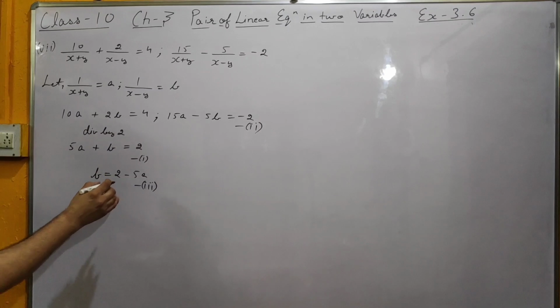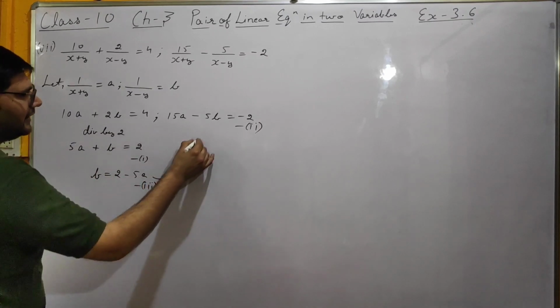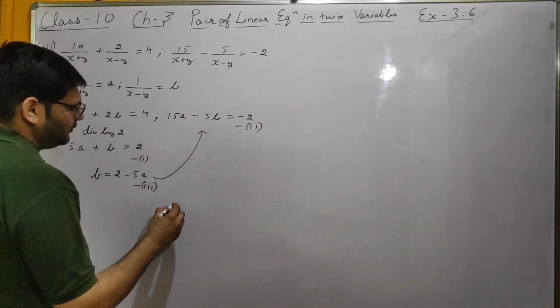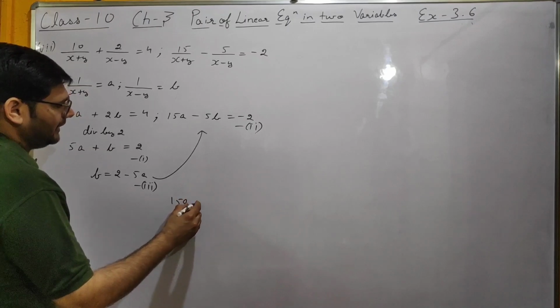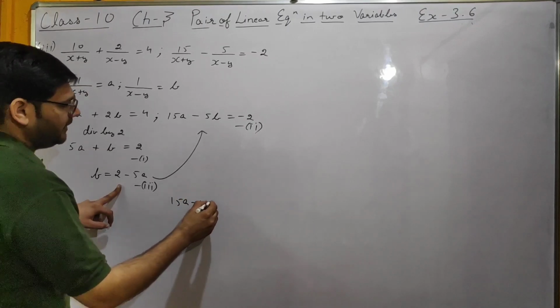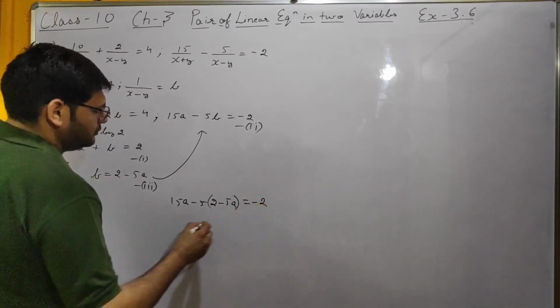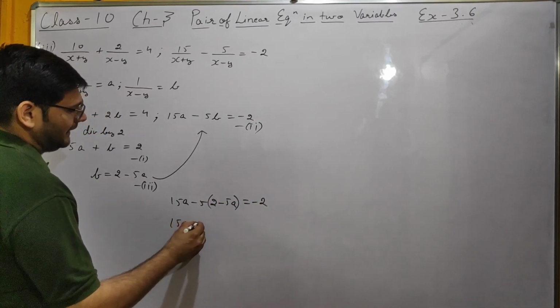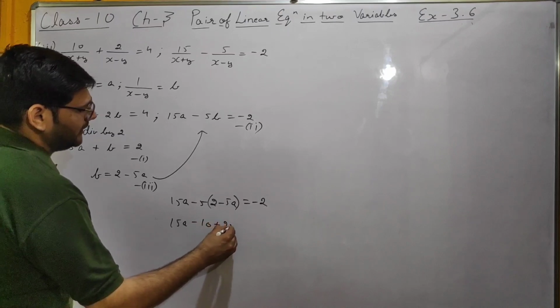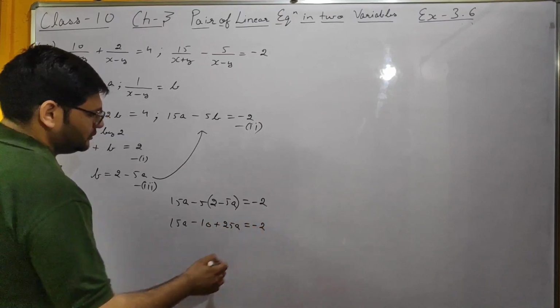Now what we will do, we will put the value of b in the second equation, and after putting, what we will get? 15a minus 5, what is the value of b? It is 2 minus 5a equals minus 2. So 15a minus 10 plus 25a equals minus 2.